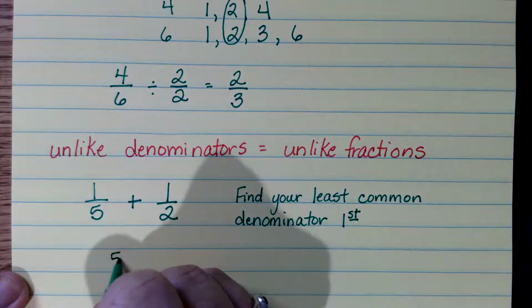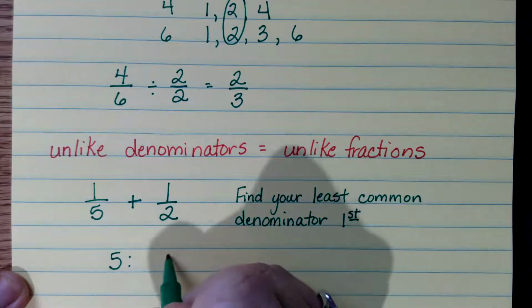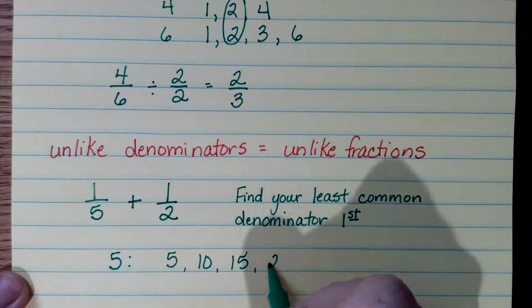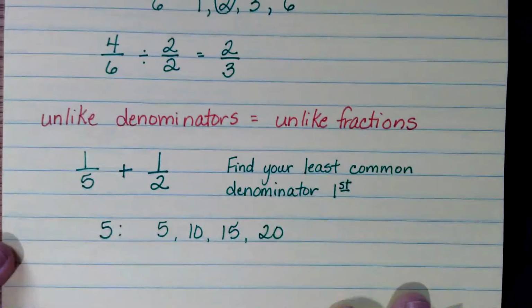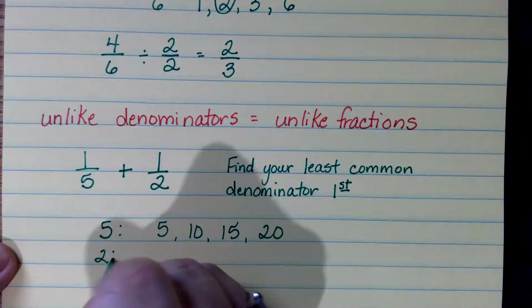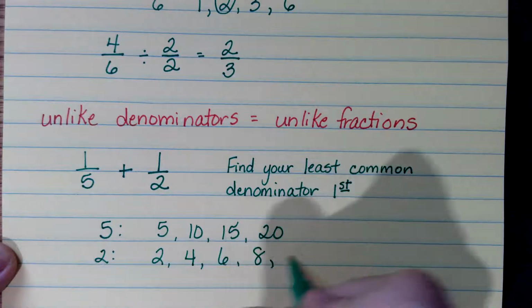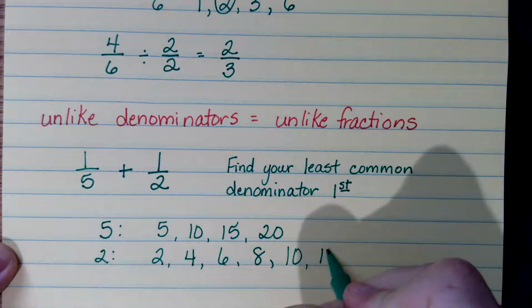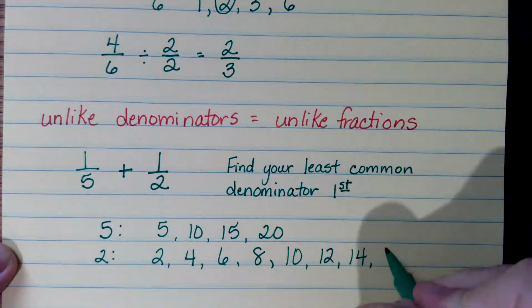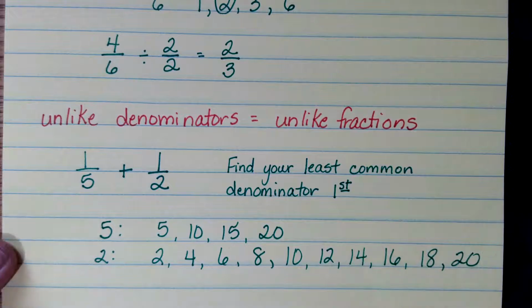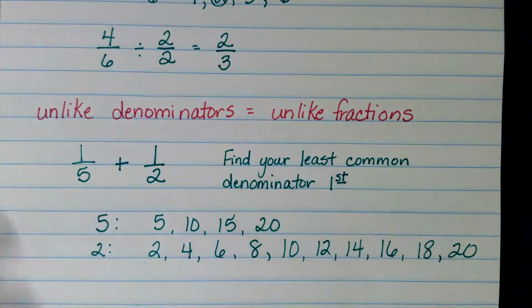So when we have 5, we list 5, 10, 15, 20. I've already gone too far. I know I'm not going to need that. And for 2, we're going to list 2, 4, 6, 8, 10, 12, 14, 16, 18, 20. Now I can see that 5 and 2 have 20 in common.